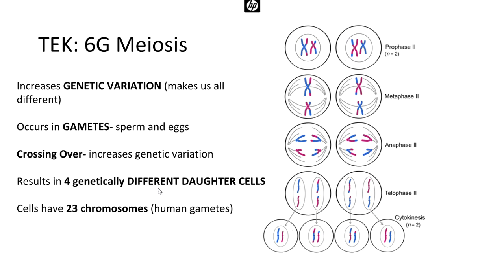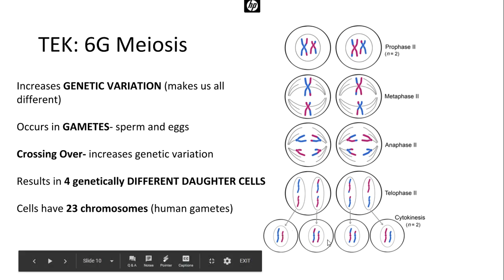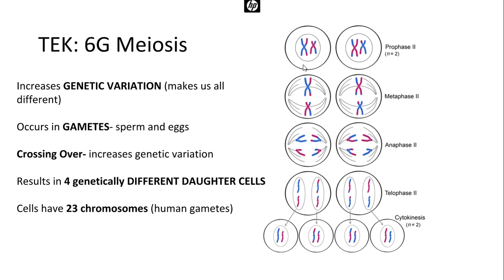At the end of this process, we have 4 genetically different daughter cells. So you can see that here at the bottom. All these cells are different, and each of those cells only has 23 chromosomes. Where we started off with 46, we'll end with 23. So whatever your chromosome number is, like for humans, it's 46.